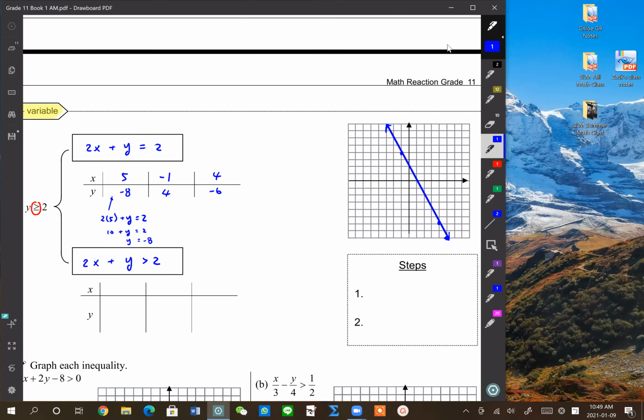over here we use a table of values, but of course we can use something we learned in grade 10. We can also change to the slope-intercept form, y equals mx plus b. Does anyone remember what's m, what's b?